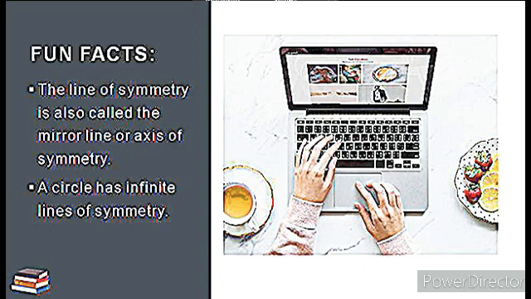The other fun fact is that a circle has infinite lines of symmetry. That means not a particular number, it has as many lines of symmetry as possible, because you can cut a circle into 2 equal halves at every part you turn. Okay, so infinite, not definite, not a particular number, it has many.